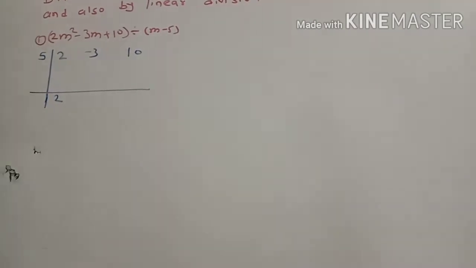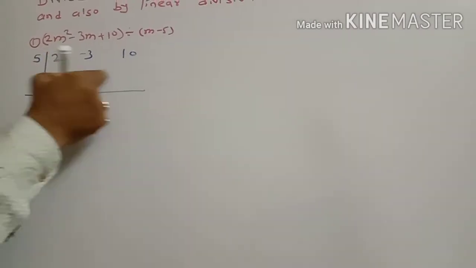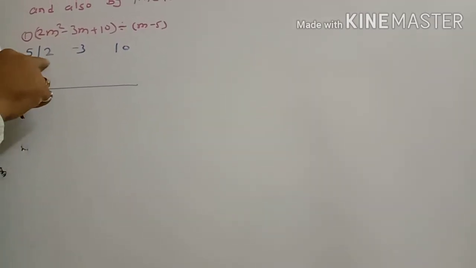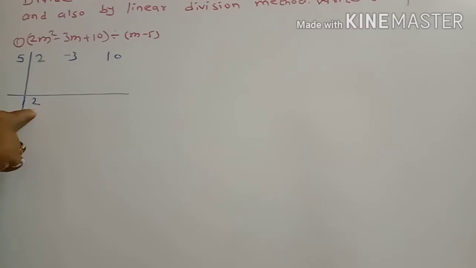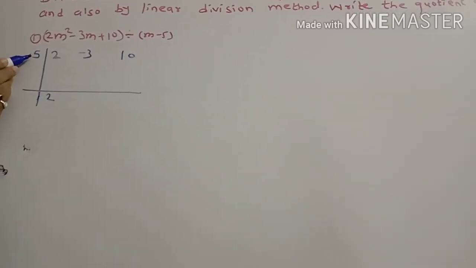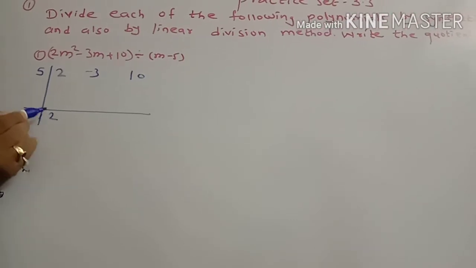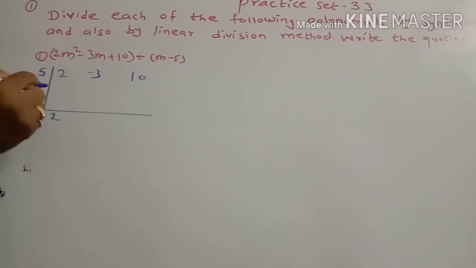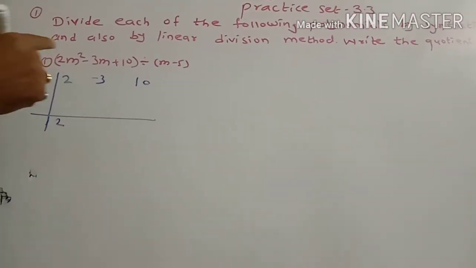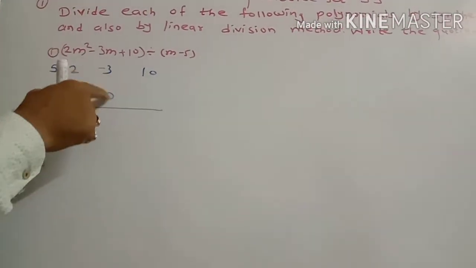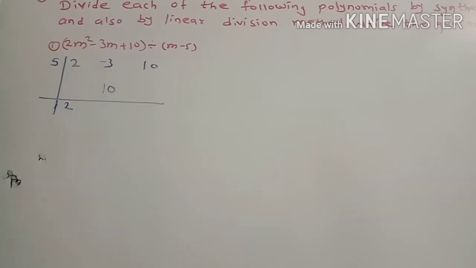This is the first row, this is the second row, and this is the third row. Then we take the product of this 5 and 2: 5 times 2 is 10, and write this product in the second row below the second coefficient, that is, write 10 below the minus 3.